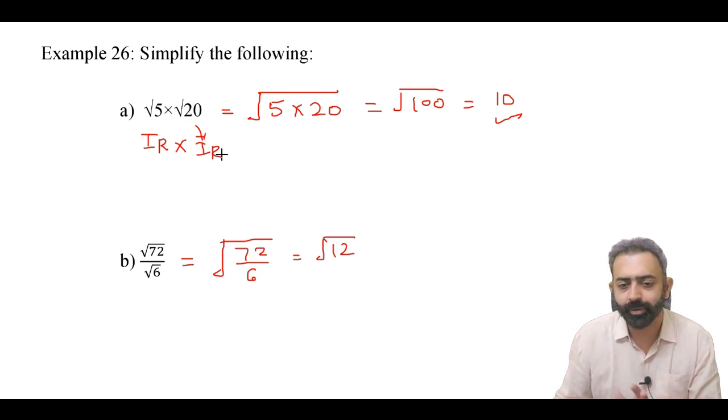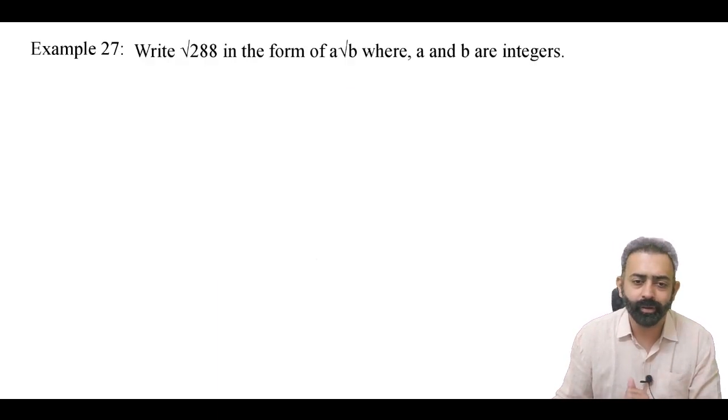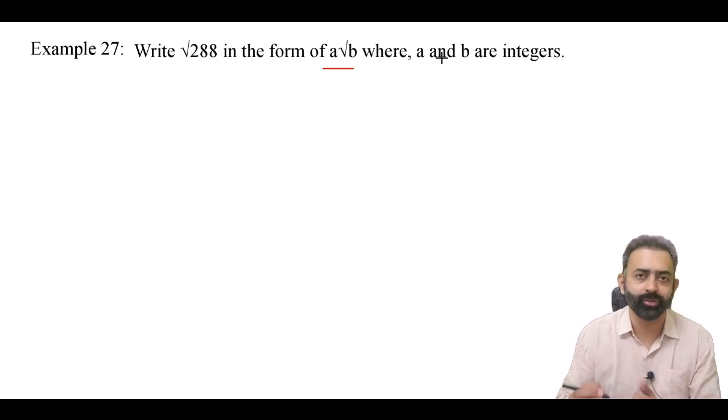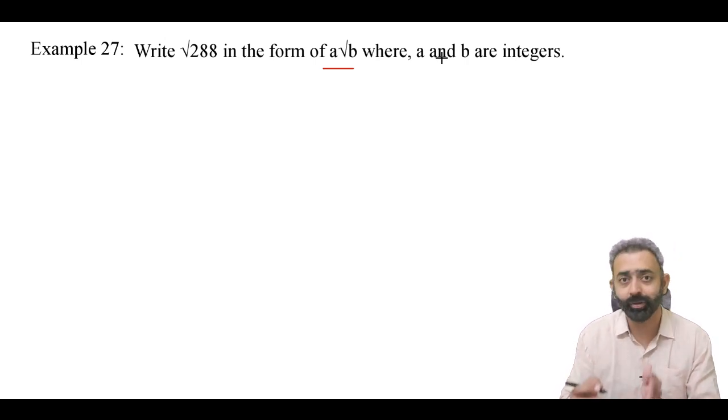This is one type of question that, for 1 mark, you may get in paper 1. The second type is writing root 288 in the form of a root b, where a and b are integers. And this is also very important, which is used in some other topics also. Again, these are non-calculator based questions.